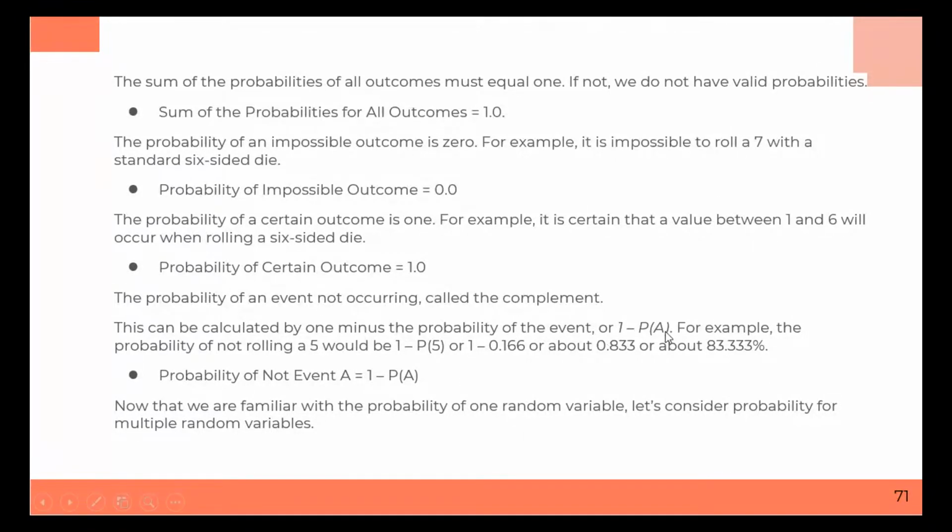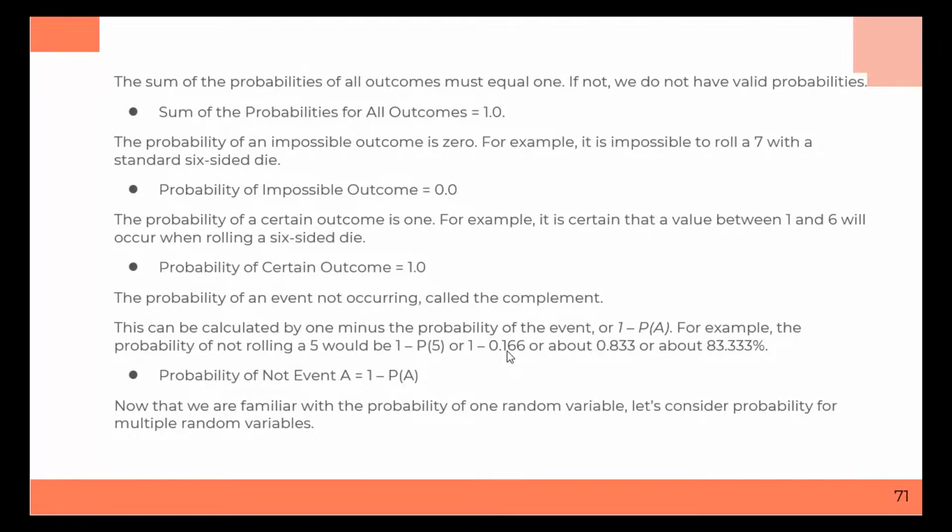1 minus probability of A, you can do with 1 minus probability of 5, or 1 minus 0.16, which was the probability of 1 divided by 6. Five is not occurring. One possibility we are removing from the whole; the one possibility I don't want.